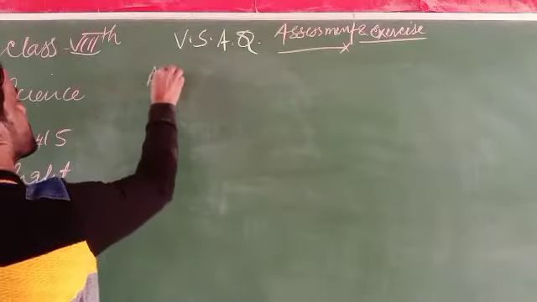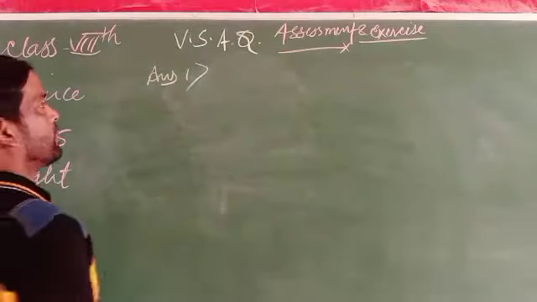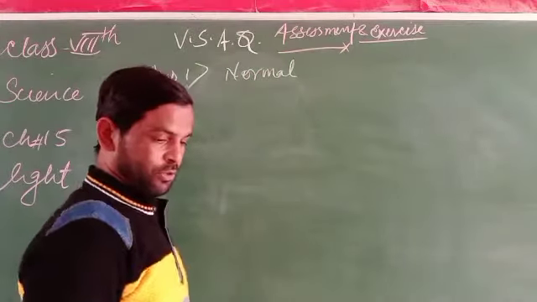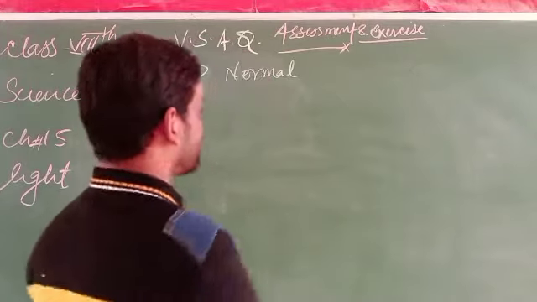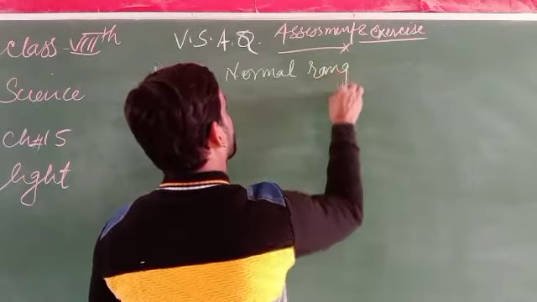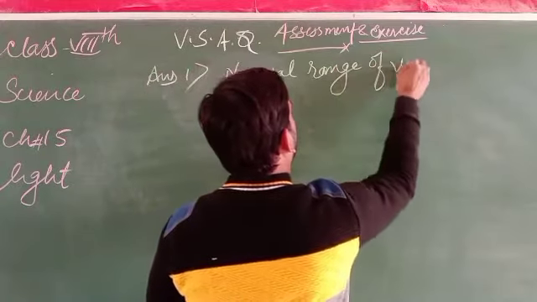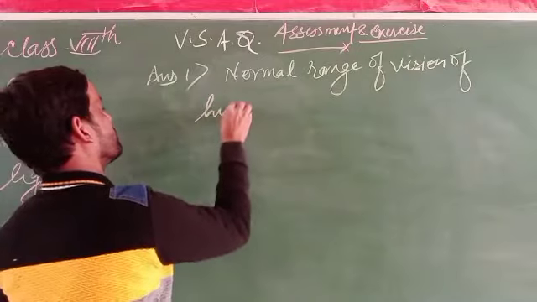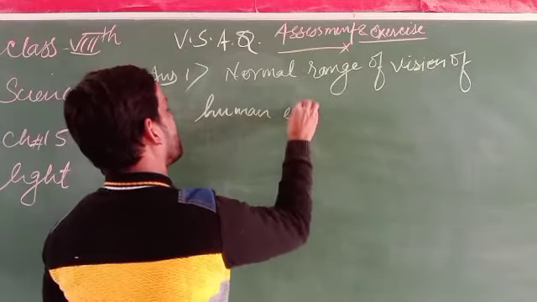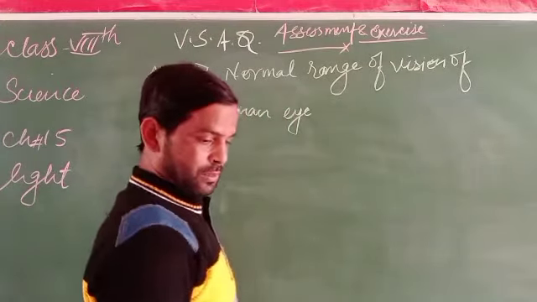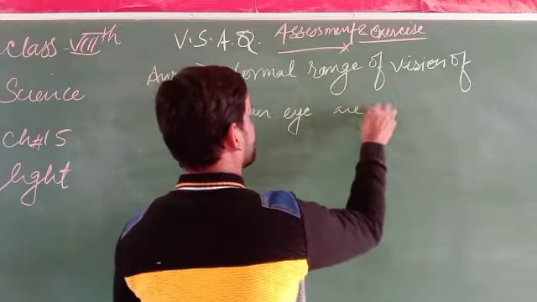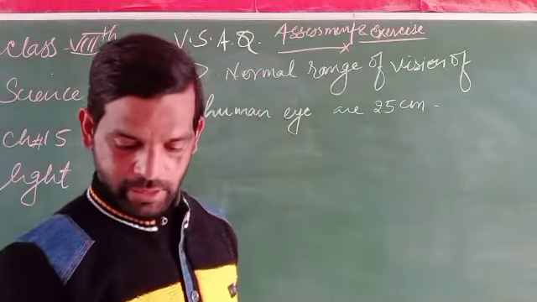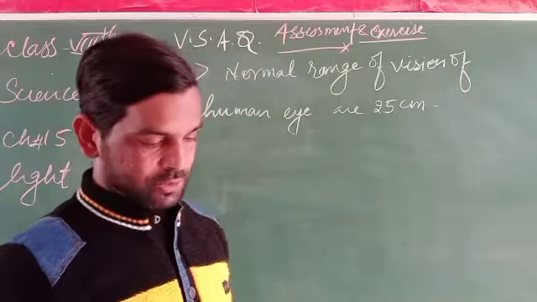So we must answer about the normal range of vision of the human eye, which is 25 centimeter. That's it.